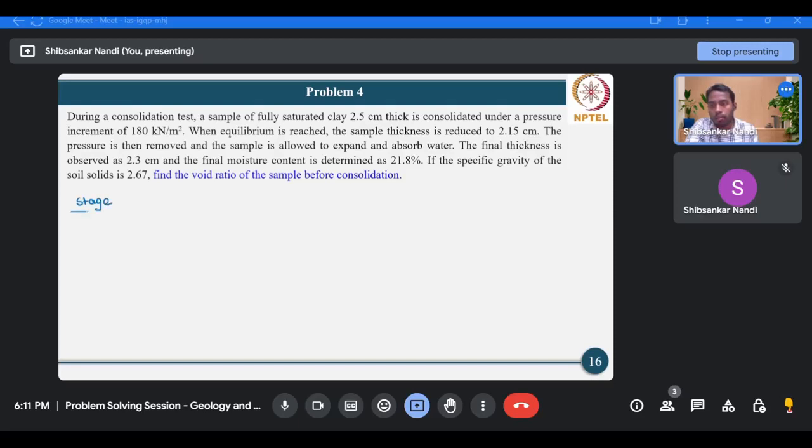One is before consolidation, the second one is after consolidation when equilibrium is reached, and the third one is after unloading.